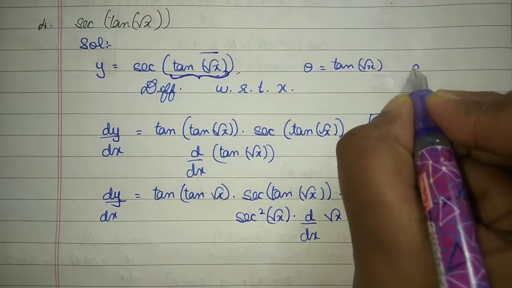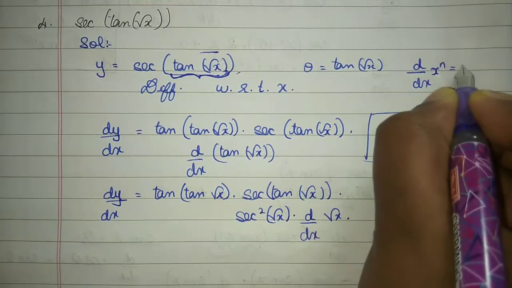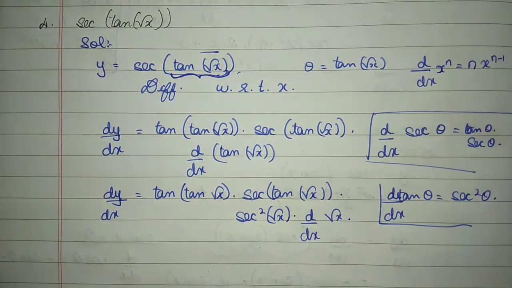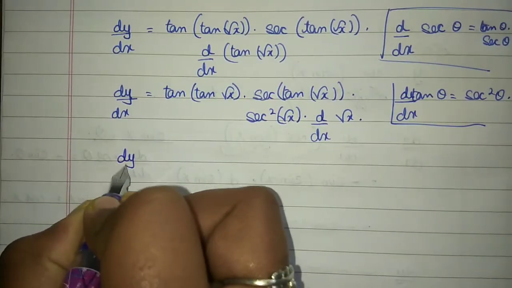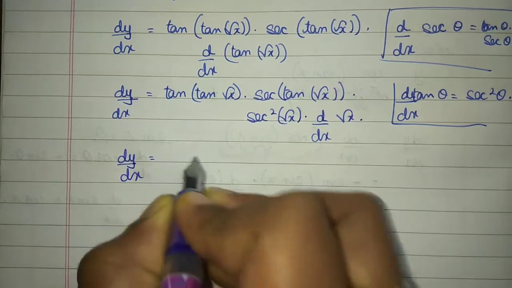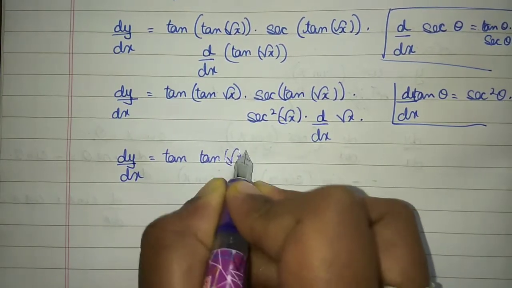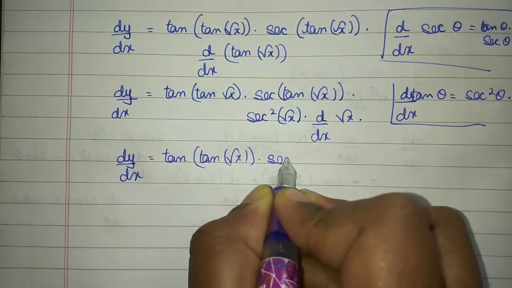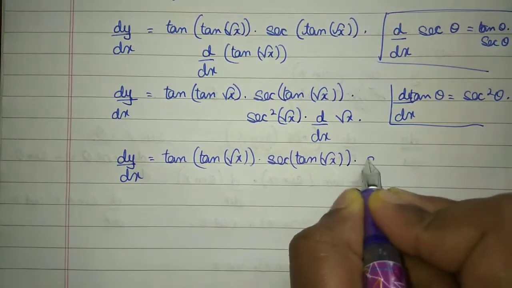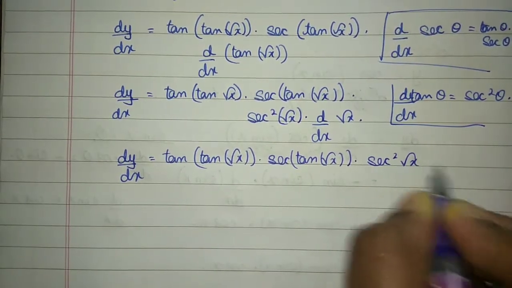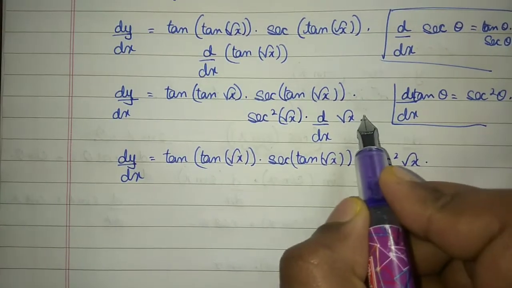Okay, so we know the formula d by dx of x power n is equal to n into x power n minus 1. So I will be writing this as dy by dx is equal to tan of tan root x into secant tan root x into secant square root x into, so here what is the value of n here?